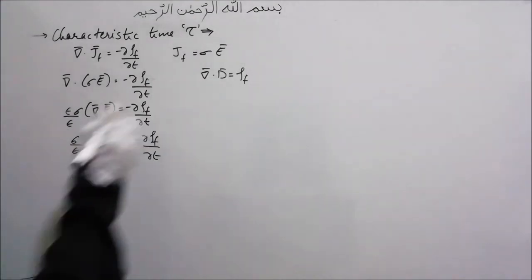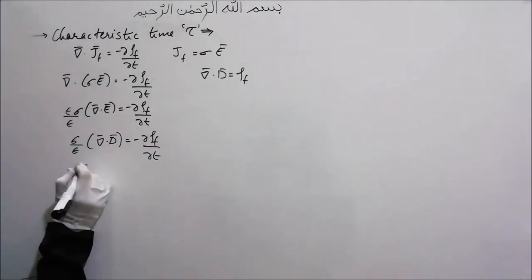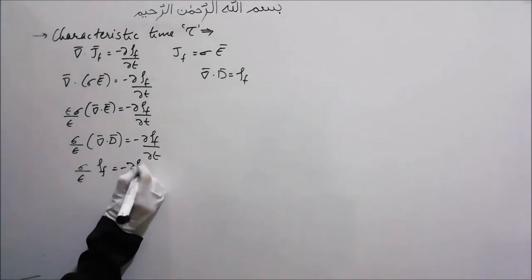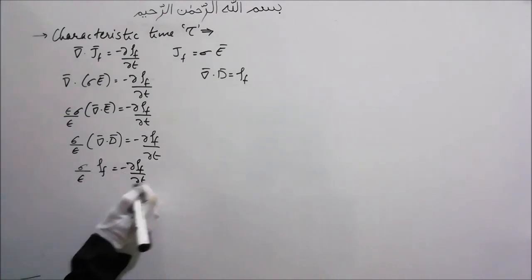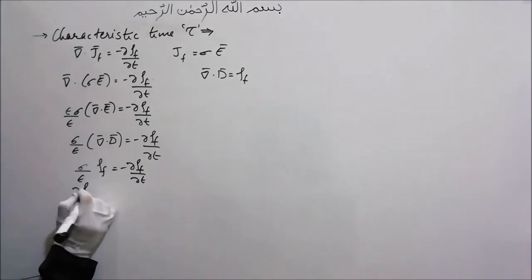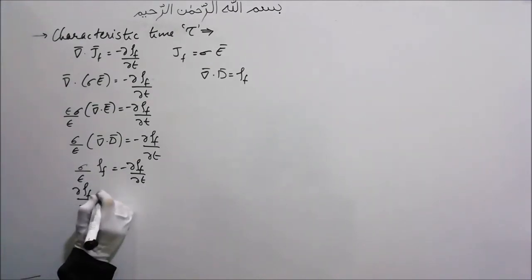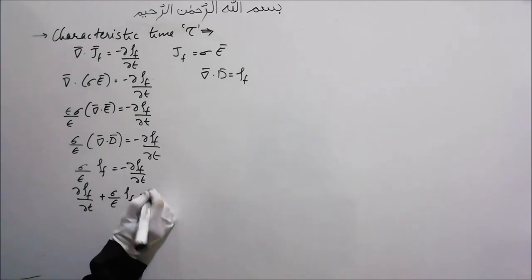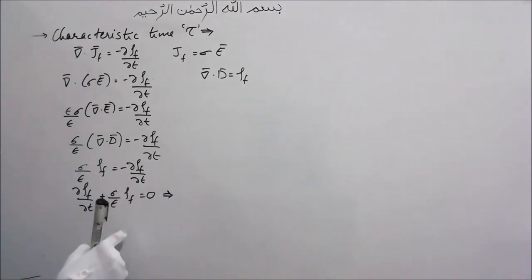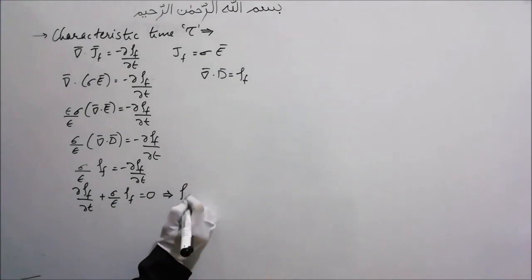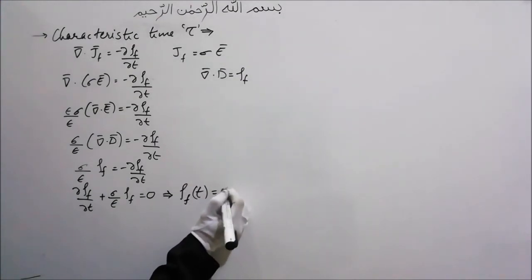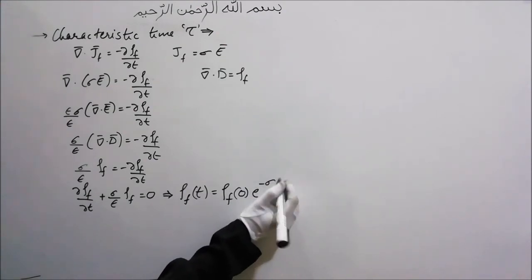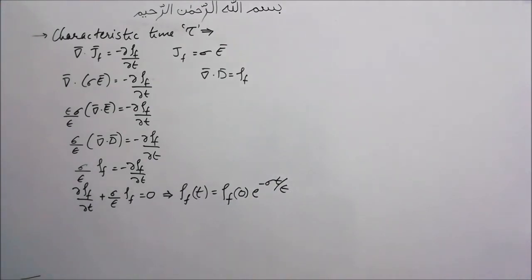And del dot D is rho free. So we will have sigma upon epsilon rho free is equal to minus del rho free upon del t. This comes out to be del rho free upon del t plus sigma upon epsilon rho free is equal to 0. And the solution to this equation is rho free at time t is equal to rho free at time 0 e raised to minus sigma t upon epsilon.